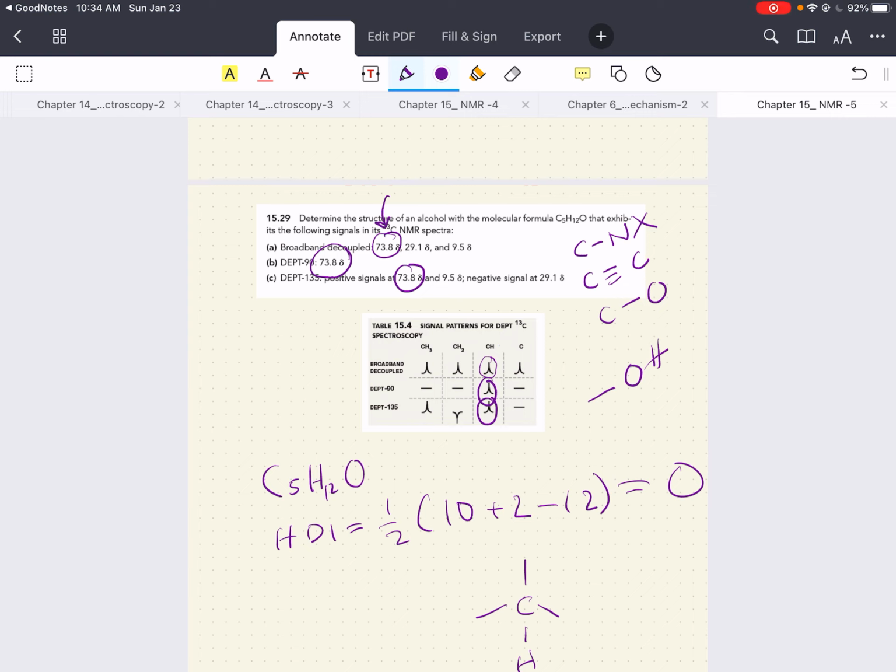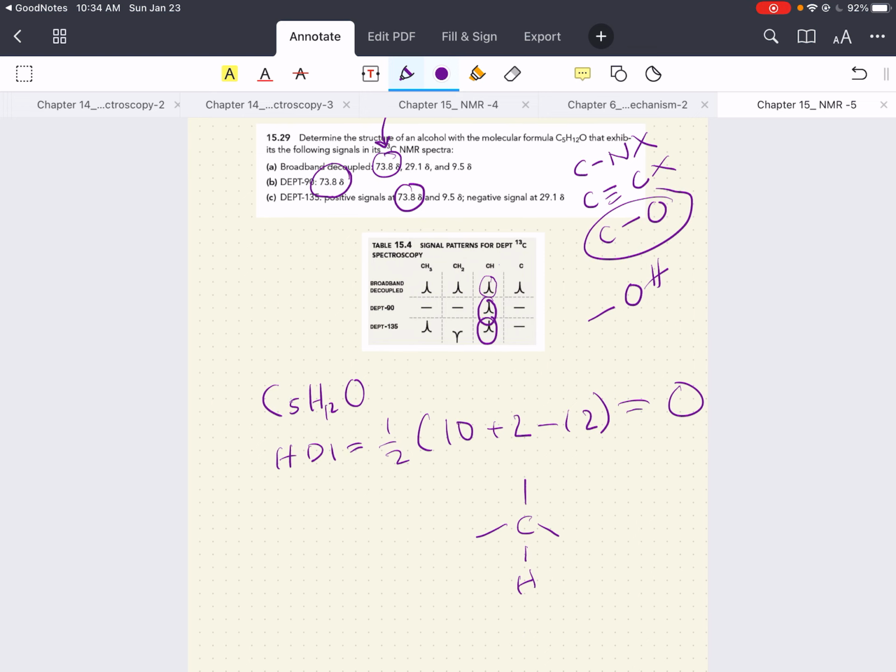Our hydrogen deficiency index is 0, so there are no pi bonds. This carbon has to also be attached to an oxygen, probably that alcohol group that we know our molecule has. So we figured out a very important part of our structure right here. This is going to be fundamental. We have to keep this in mind as we figure out the other two groups we have.